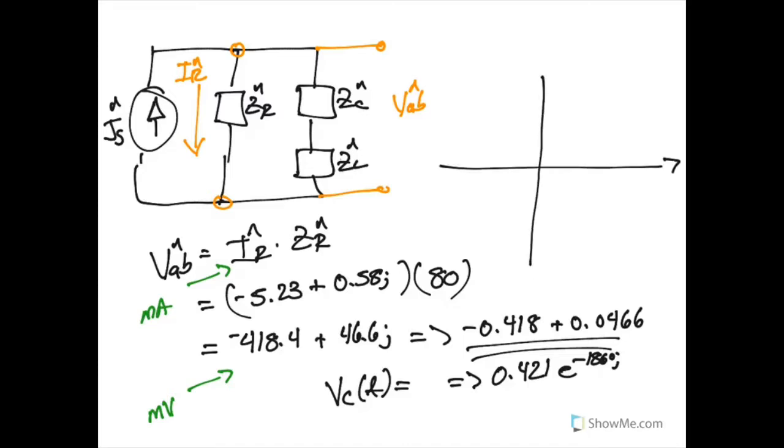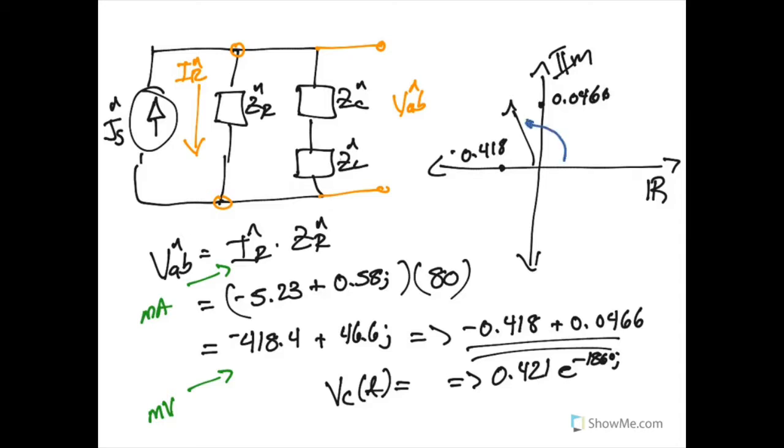And again, if you're asking yourself, well, how the heck did he do that? Remember, if we plot this vector right here on a two-dimensional coordinate plane where we have our real parts and our imaginary parts, we would start by having some negative value here at 0.418. That's a negative component. We'd have some slightly positive component at 0.0466. And we'd be looking for this object here.